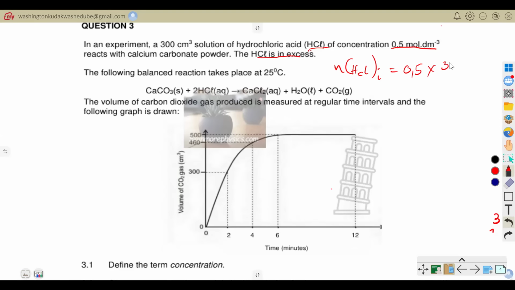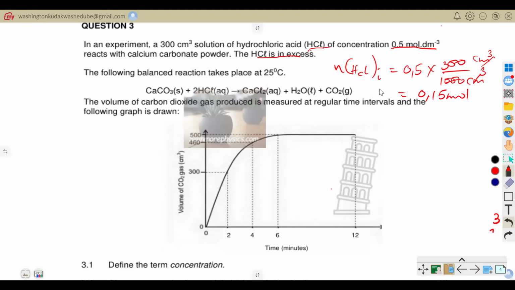This volume would be 300 divided by 1000, because we know that there are 1000 cubic centimeters in a decimeter cubed. So if we divide there and then multiply, the number of moles is equal to 0.15 mole. So these are the initial number of moles of HCl. So this is the total HCl that we have in excess.